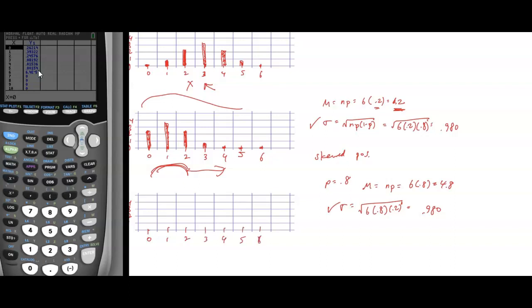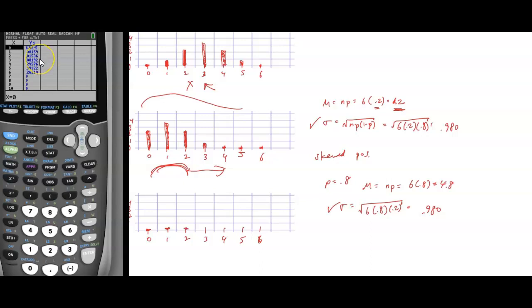So let's do that. So what we're going to do is we're going to change our y equals. So our binomial PDF now has 0.8 instead. And then we're going to do the table. And so now 0 and 1 values are super small. And 2 is also pretty small.